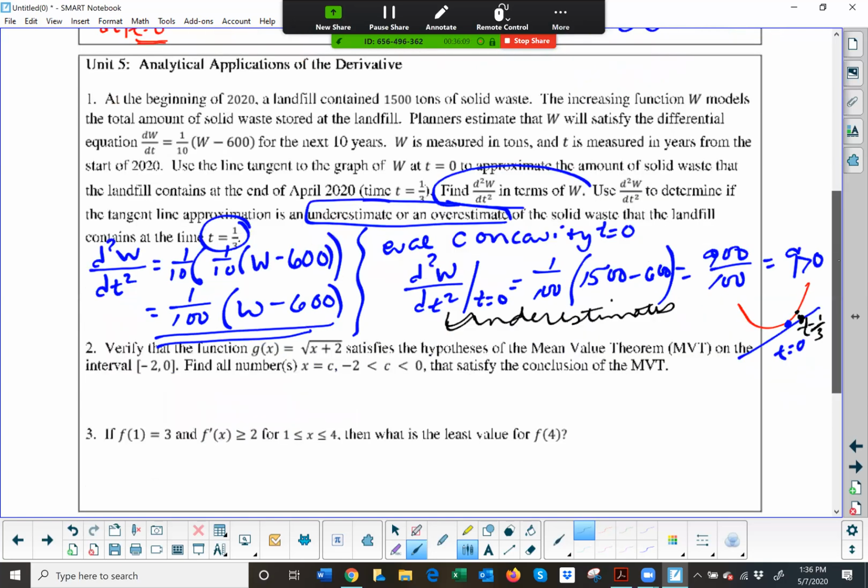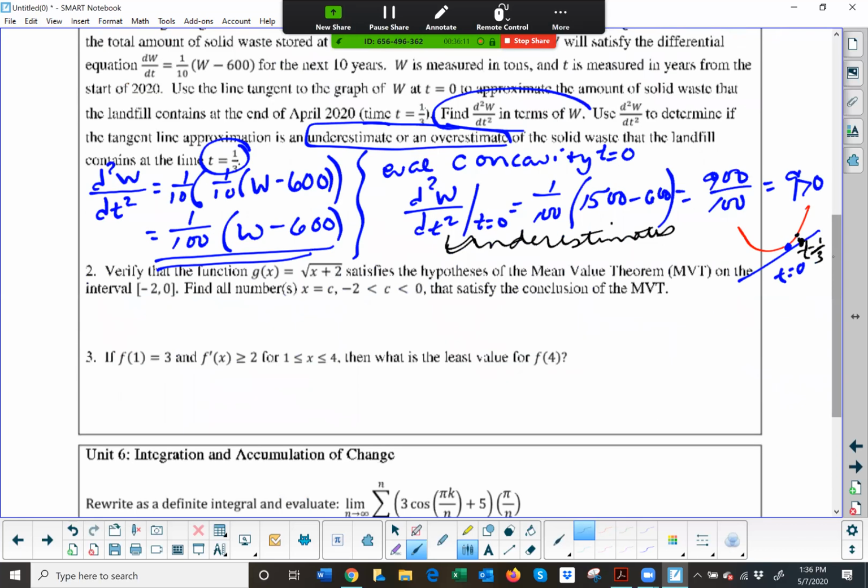All right. Verify the function satisfies the hypothesis. What is the hypothesis of the mean value theorem? Well, the hypothesis says that the function has to be continuous and differentiable. Is my function continuous and differentiable on the closed interval?